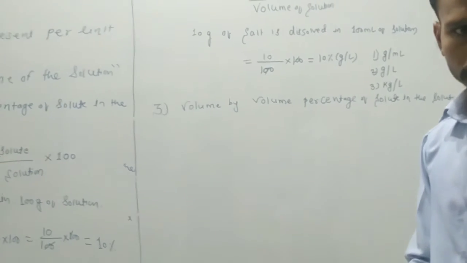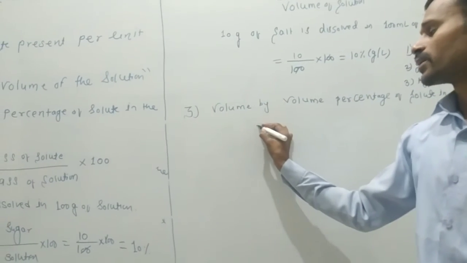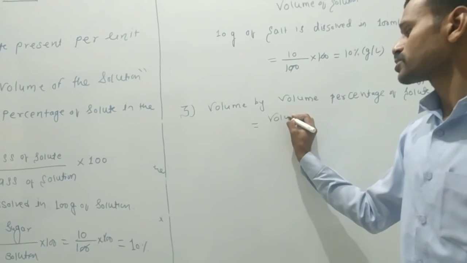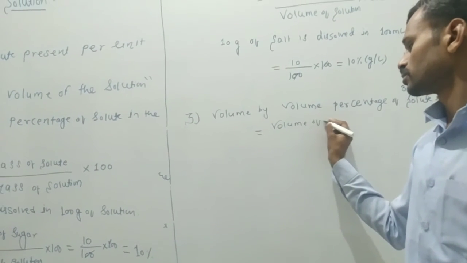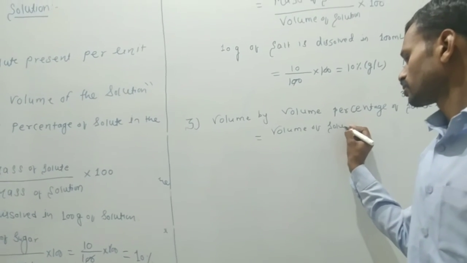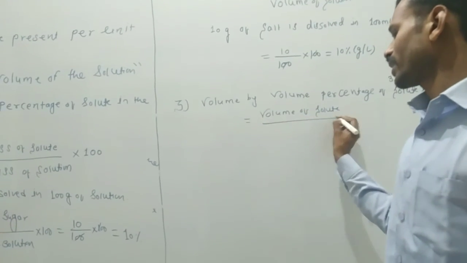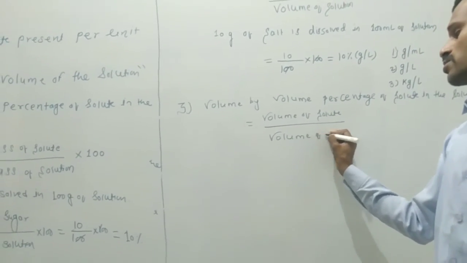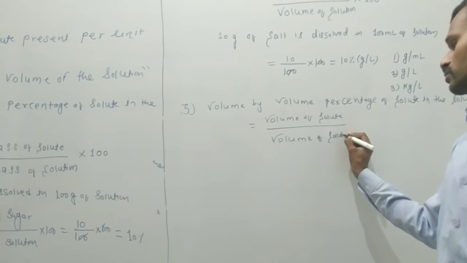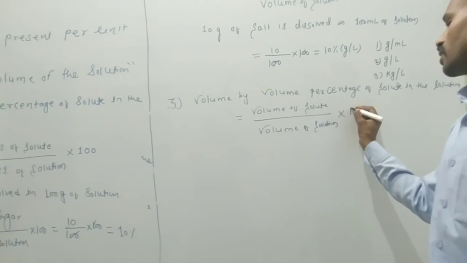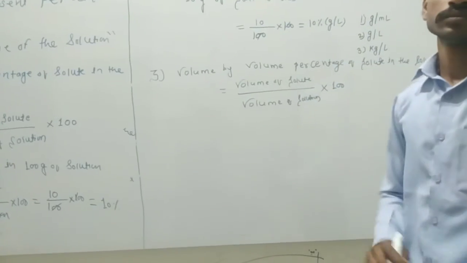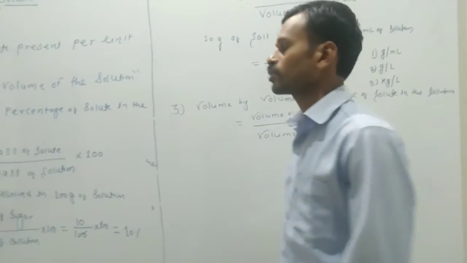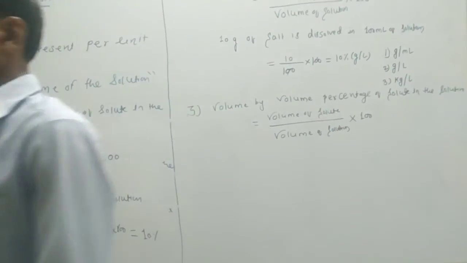In this concept, the formula is simply volume of solute divided by volume of solution, into 100. This is the simple formula we have been given.